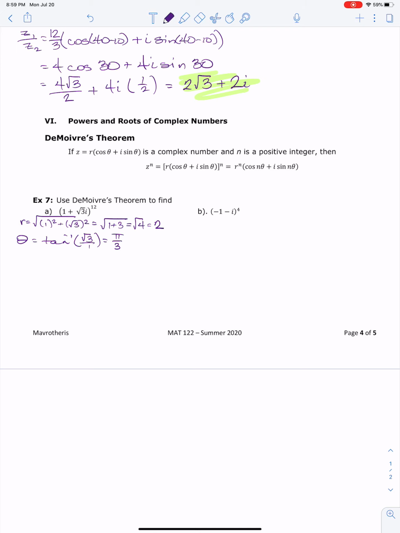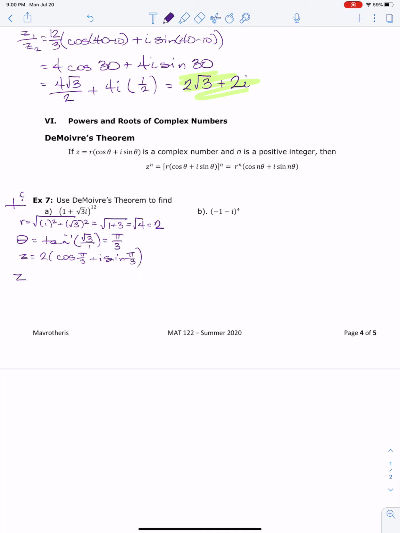And if we take a look at what we have, 1 plus square root of 3 i, if I were graphing that, it'd be positive 1, square root of 3. So I'm in quadrant 1, so that pi over 3 angle is going to work just fine. And so my z is 2 times the cosine of pi over 3 plus i sine of pi over 3.